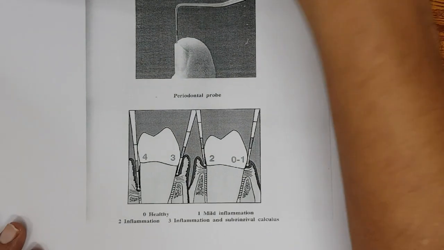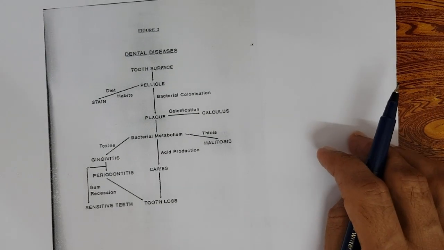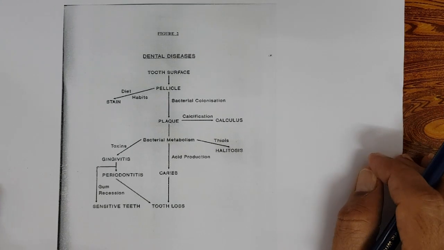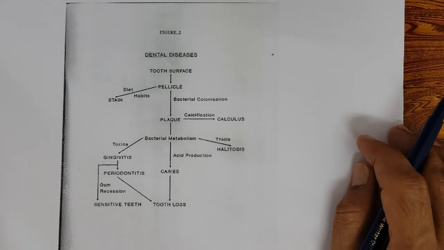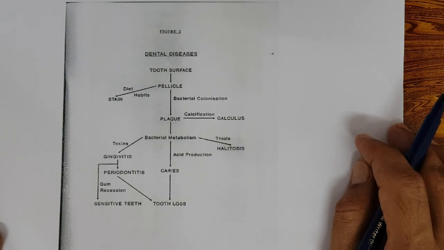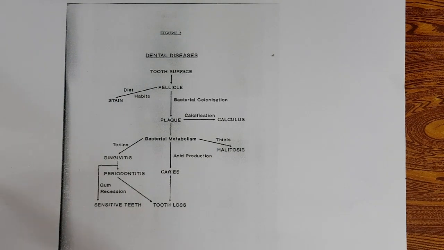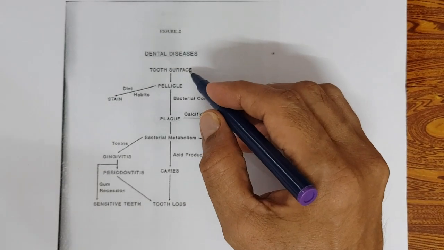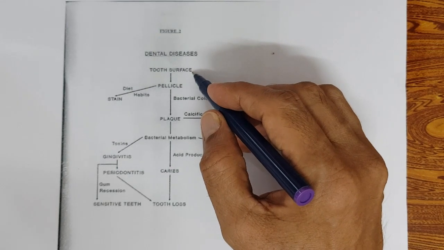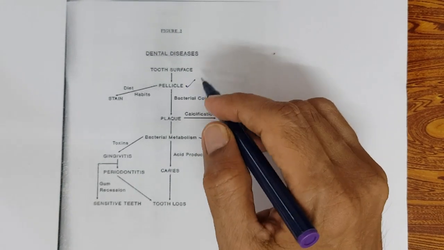Okay, so now we will take some time on this slide, which is very, very important. Understand this slide very well. On the tooth surface, a layer called pellicle is formed.